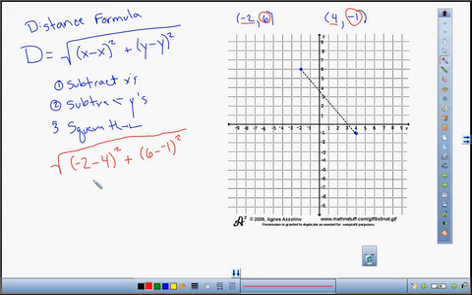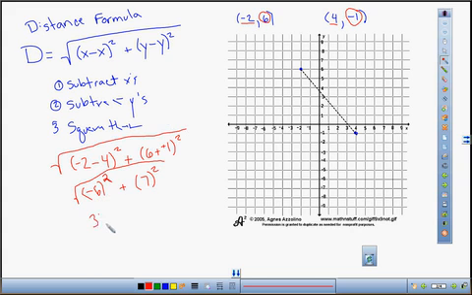So let's take a look at -2 minus 4 is going to be -6. Minus a negative is plus a positive. So 6 plus 1 is 7. So we subtracted our x's, we subtracted our y's, square them.